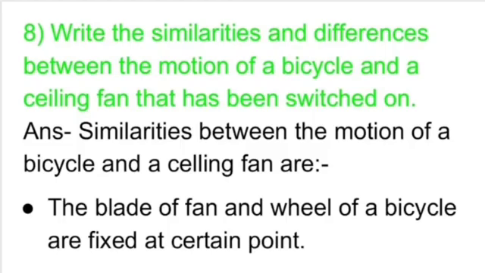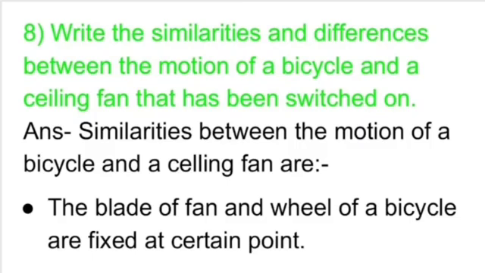Means in a fan and in the wheel of a bicycle, they both are fixed at a certain point which is at the middle. Okay, this is a similarity, that the blade of a fan and wheel of a bicycle are fixed at a certain point.